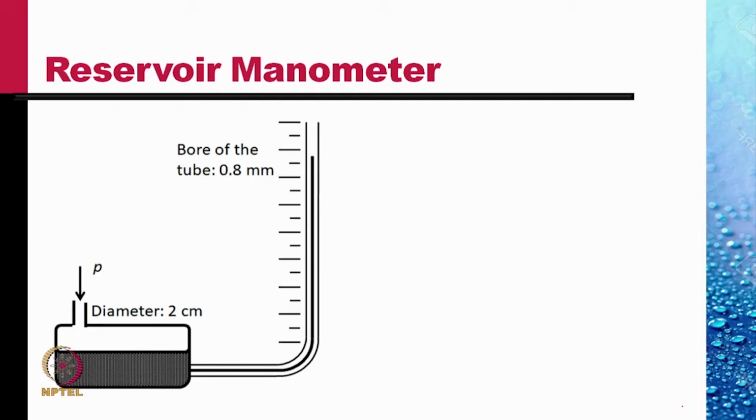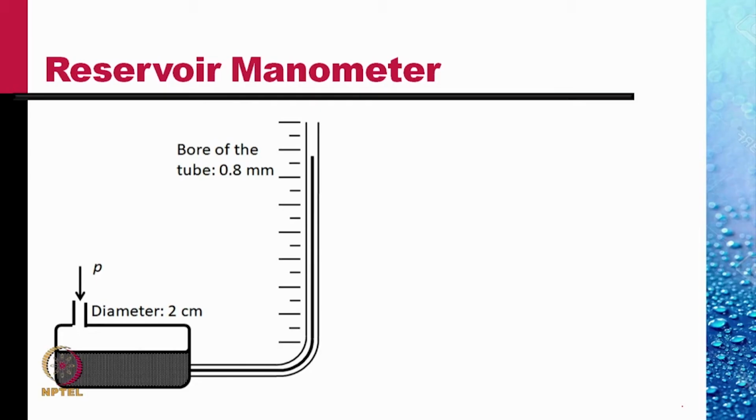Since the diameter of the capillary is very small, as the fluid level changes in the tube, the level within the reservoir does not vary significantly. And we can assume this is at a constant level.